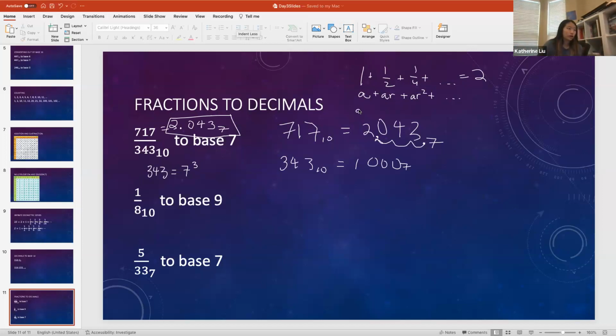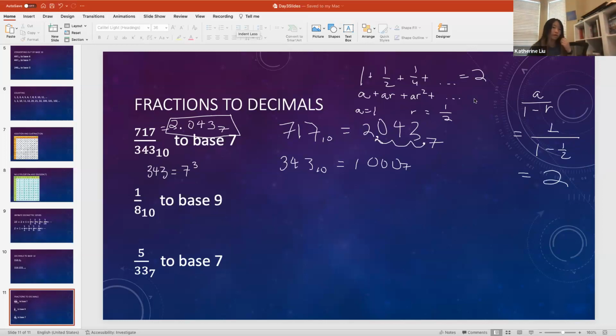So here a equals 1 and r equals 1 over 2. So then the sum of this sequence, because of the method we did it, where we multiplied by 2 and subtracted, it always has a formula, which is a over 1 minus r. So for example, here that's 1 over 1 minus 1 over 2, which is 2.